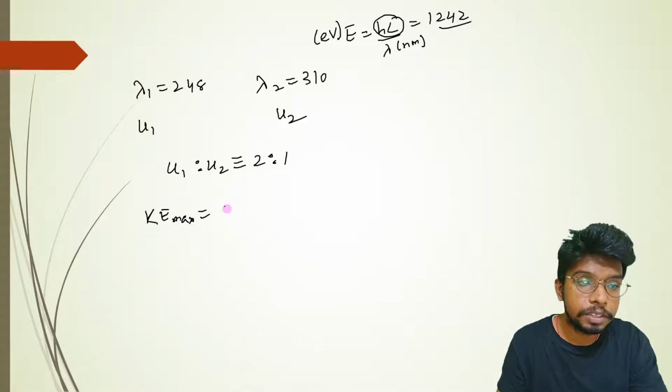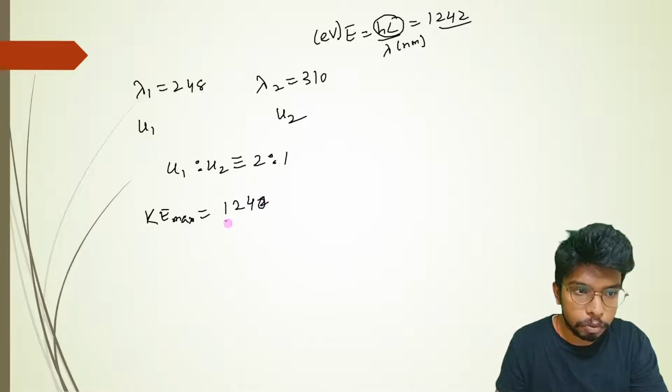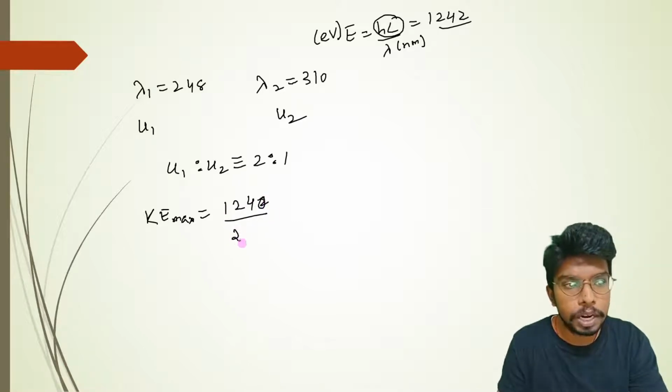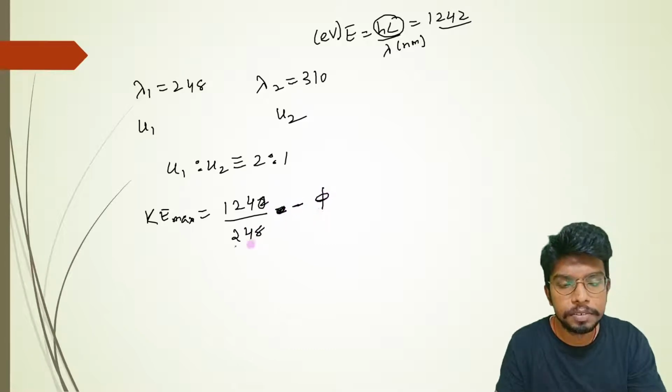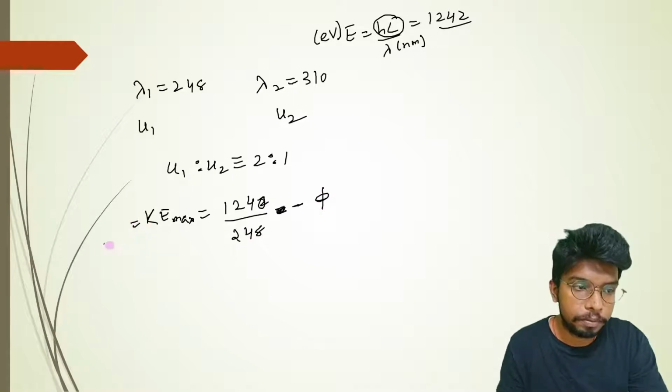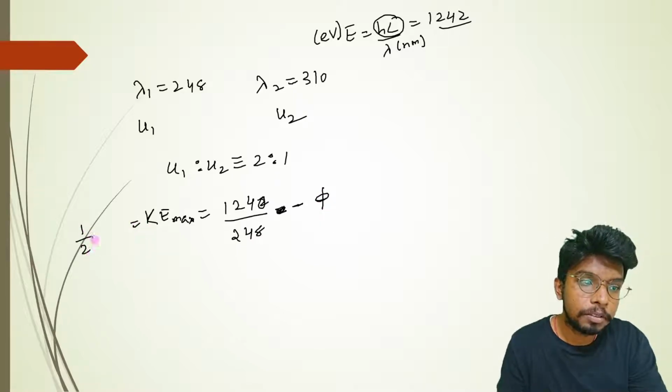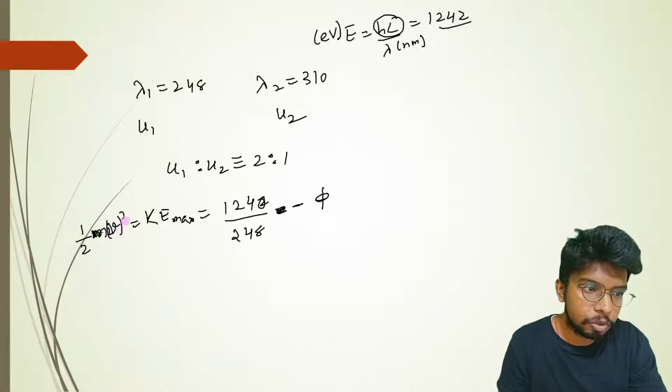The energy given to the system is nothing but hc over lambda, 1240 over 248, minus the work function phi. And kinetic energy maximum here is half m u1 square, which I can simply write as half m (2v) square.